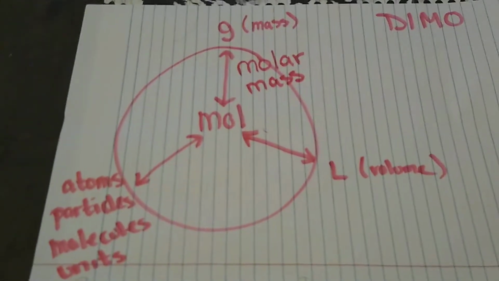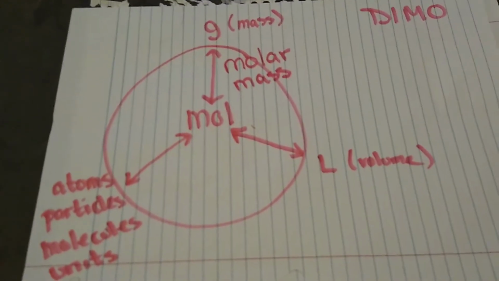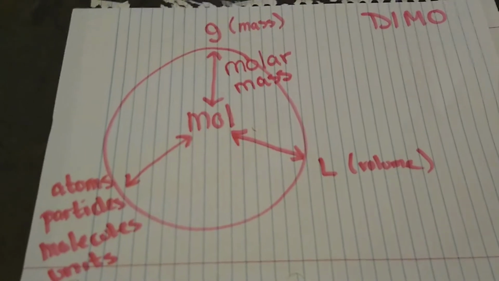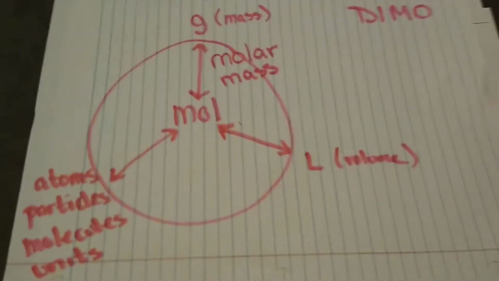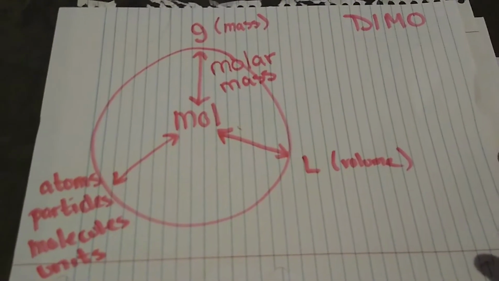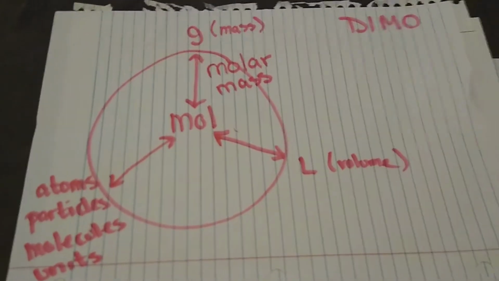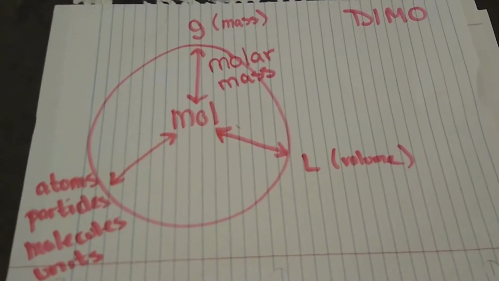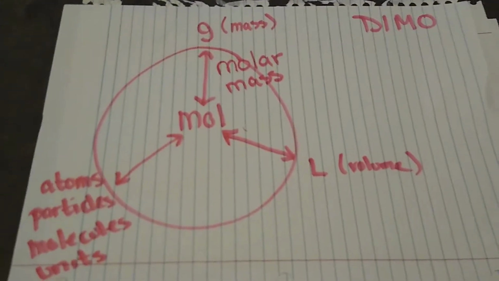If you're watching this when you're supposed to, you should have done this the previous day. And so molar mass is when you add up all of the atoms' masses, and that's what the whole particle or compound weighs. Okay? So that's what we use to convert between moles and grams.